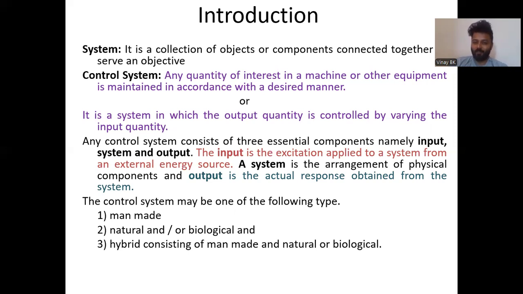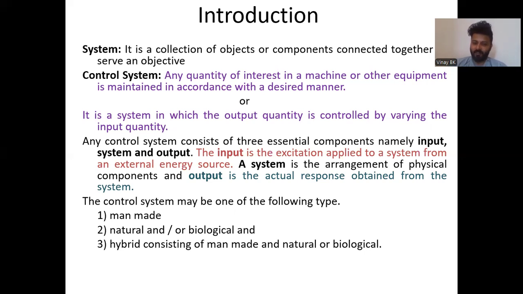The input is the excitation applied to a system from an external energy source. A system is the arrangement of physical components. You give input to the system, and once the input is applied, it gives you a response.